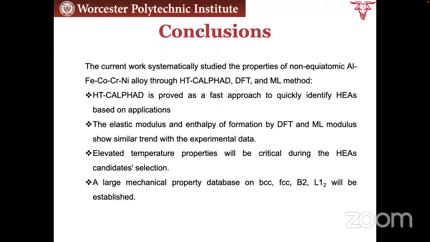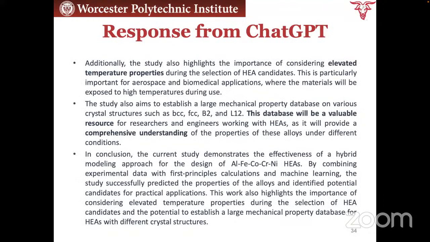At the end, I also want to show you what I did. I put this again in ChatGPT to see how ChatGPT summarizes. This is the response I got from ChatGPT.